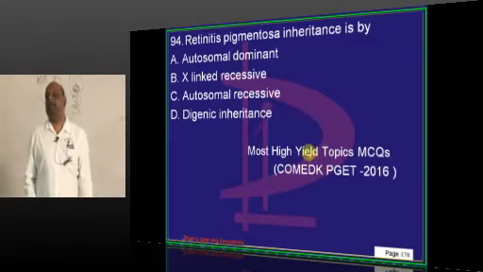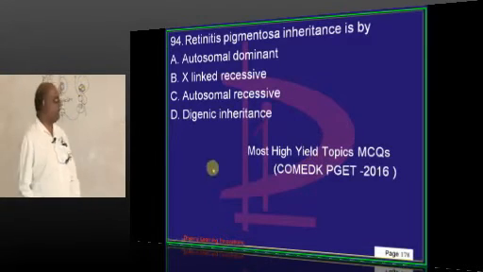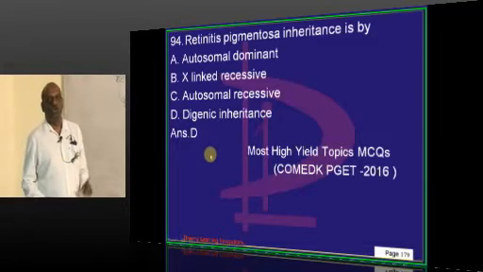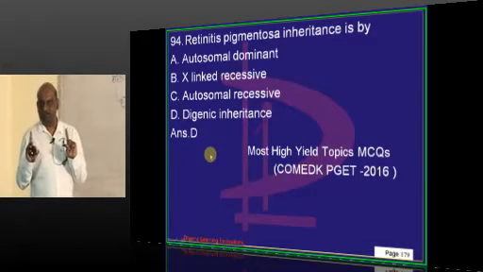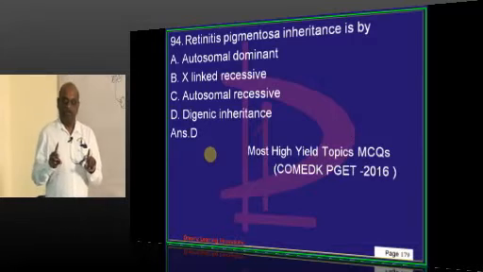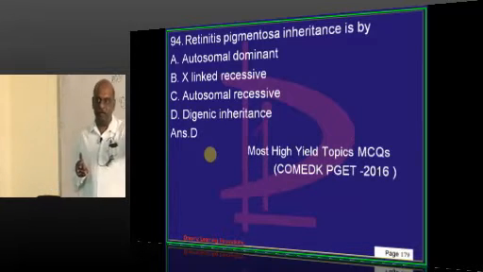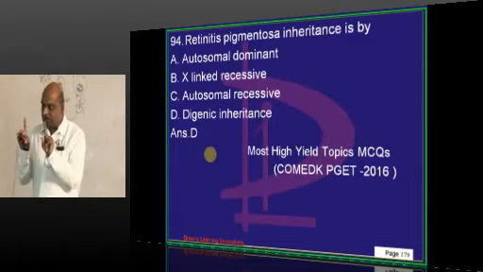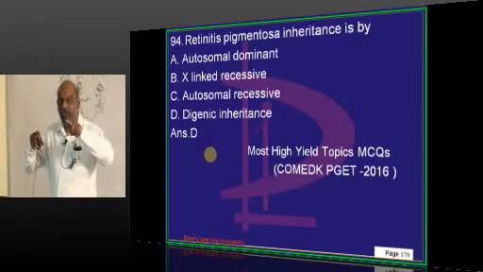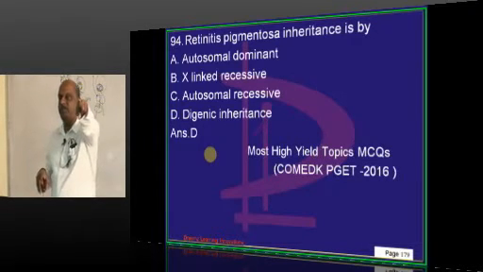How is retinitis pigmentosa transmitted? Digenic inheritance. What is the meaning of digenic inheritance? 2 chromosomes are there. There are 2 alleles, right? For a phenotypic abnormality to become visible, unless the 2 genes are affected, only then is there a development of abnormal phenotype.